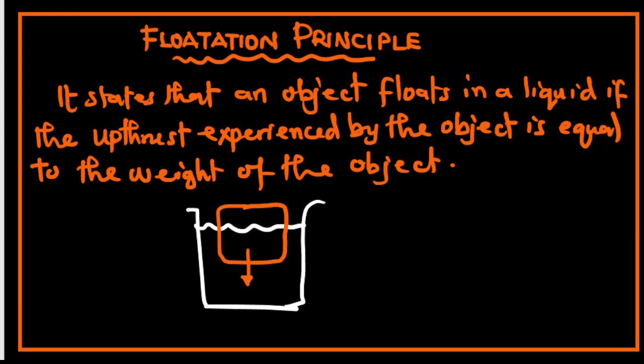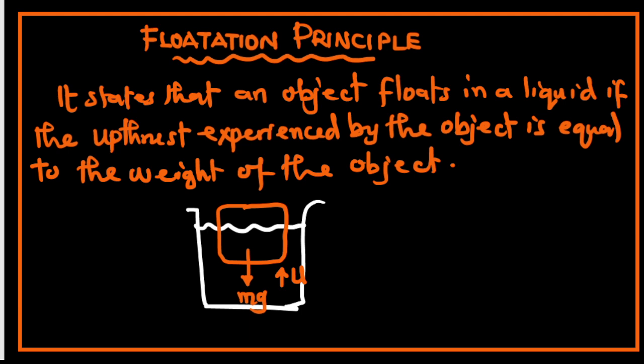We have two major forces we should be looking at here: the weight of the object, which is acting down, and the upthrust experienced by the object due to the liquid, which is acting up. Just by what you can see, if the downward force, which is the weight, is more than the upward force, we expect the object to continue going down, right?